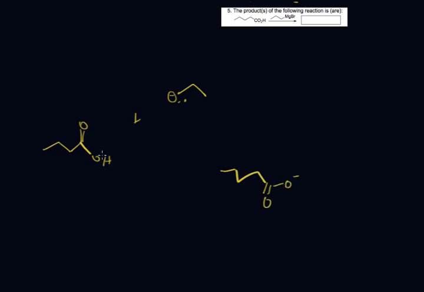Like this is going to lose its proton right here. That proton's leaving. You end up with a negative charge on that oxygen, and that attracts the positive charge from the Grignard reagent.